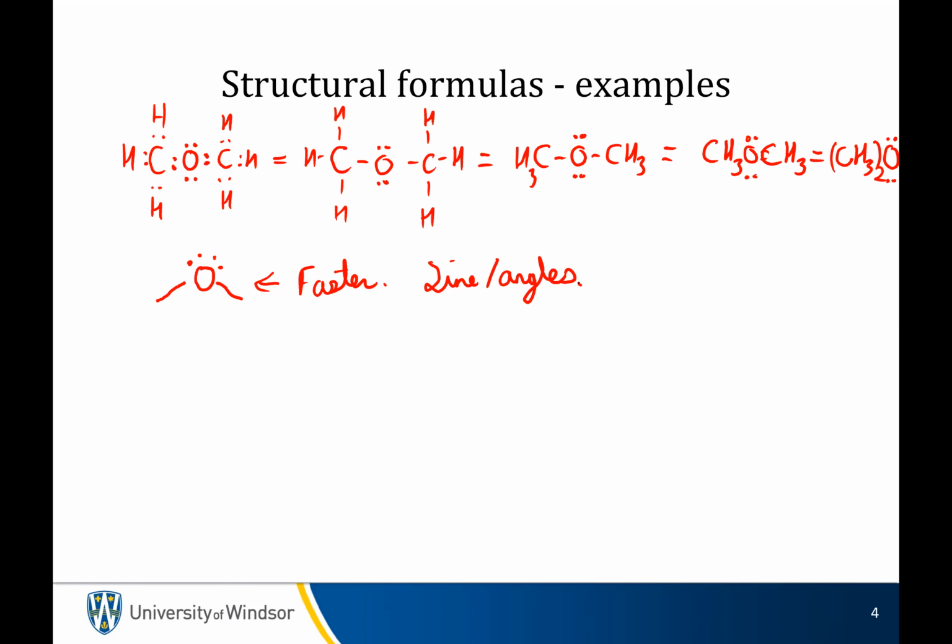So we can have other types of molecules, of course. I'm not going to draw the Lewis structure. I'm just going to stick with these Lewis line structures. So you can have this molecule. This is acetonitrile. It is a very common solvent. And I can draw that out as CH3CN.